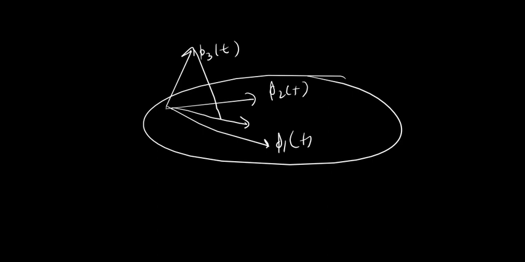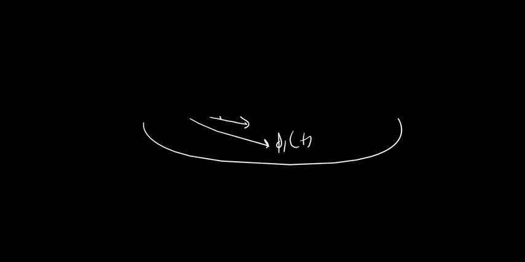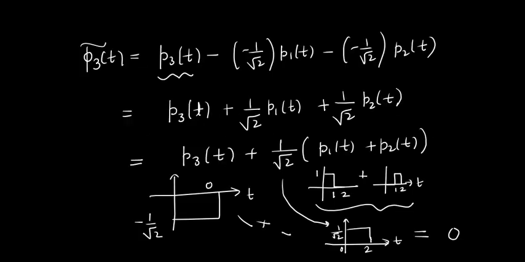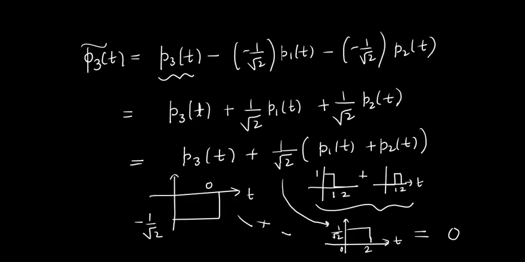So, this is what we have got mathematically, that you do not need any other orthonormal basis to represent P3. So phi 3t is 0. Similarly, you have to do it for phi 4t, and you will see that phi 4t is also 0. Similarly, you can do that.